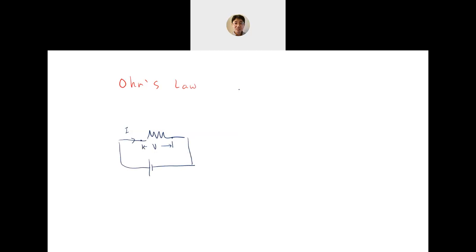This is the relation between current and voltage. I is the electric current. What is the definition of electric current?